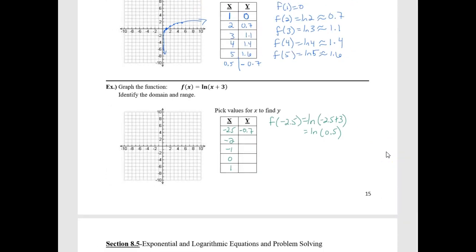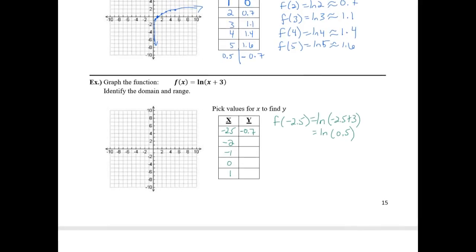Okay, if I plug in negative 2 next, I'm going to get f of negative 2, which is the natural log of negative 2 plus 3, which is the natural log of 1, and we know the natural log of 1 is 0.